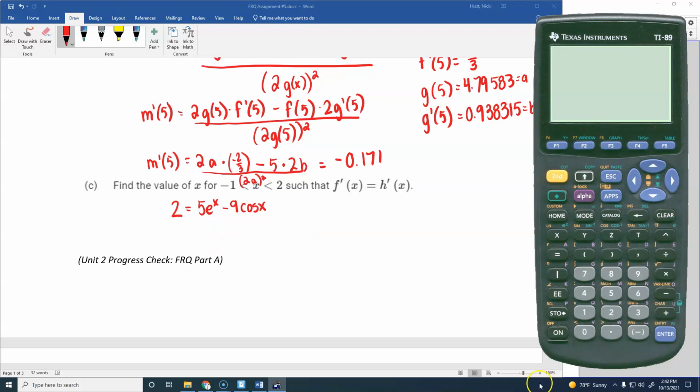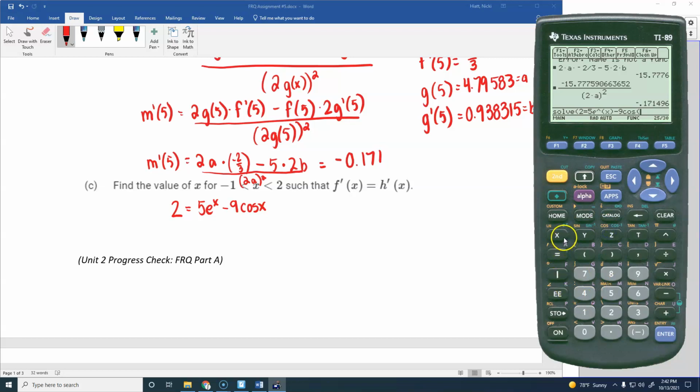So, in the calculator is how you're going to solve this. So, solve 2 equals 5e to the x minus 9 cosine x. Solve is F2, the 5 buttons at the top, second one.